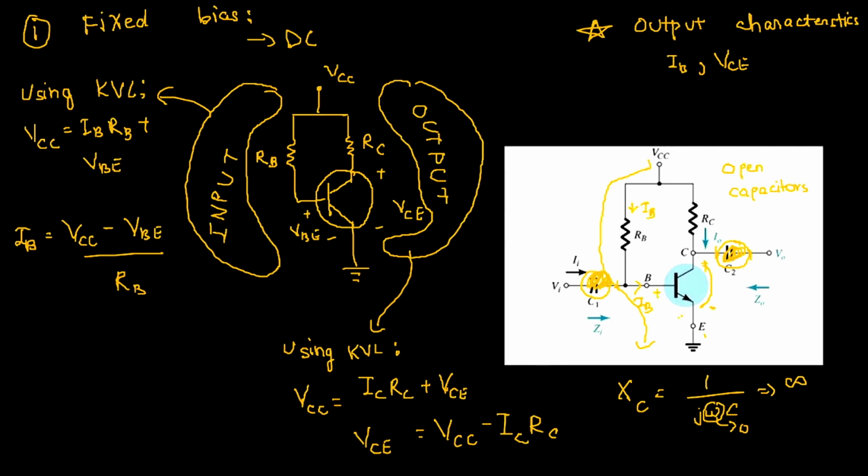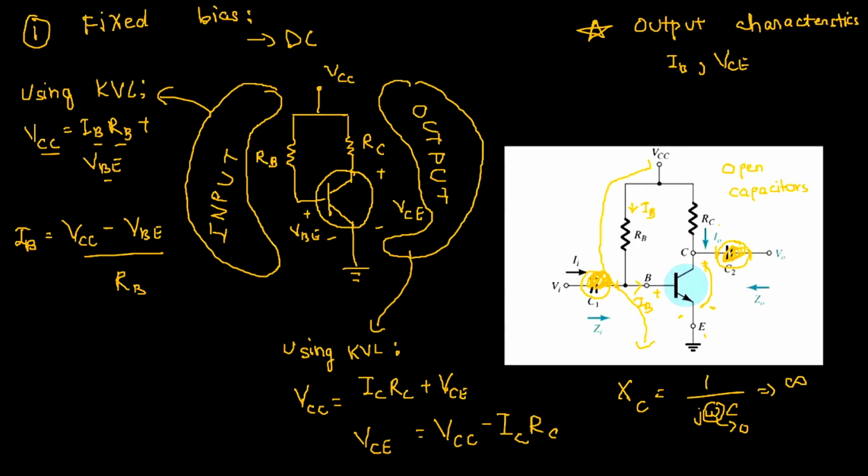And the last one is the potential difference between base and emitter, which is called VBE. Applying KVL, we get VCC is equal to IB into RB plus VBE. What we are looking to find here is IB, the base current. From this equation, we can easily derive that IB is equal to VCC minus VBE divided by RB.